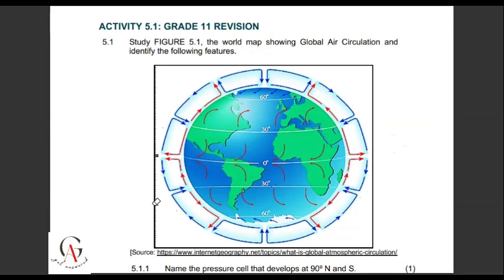That is why we have a limited amount of precipitation, because we typically have stronger descending air. We are in a subtropical high pressure belt. So you need to relate to the belt in which South Africa lies geographically.